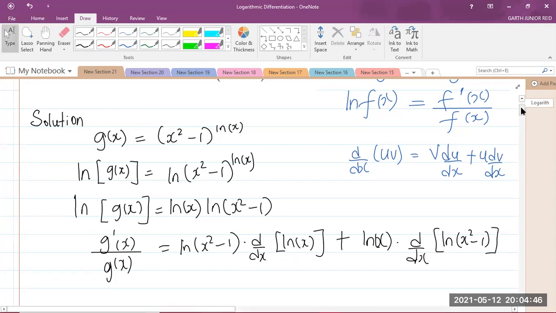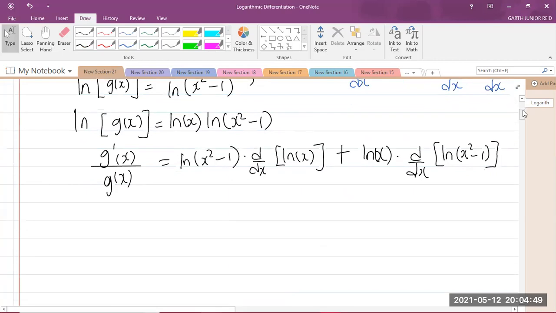We just need to ensure that we simplify. Remember, our aim is to get g prime of x. So we're going to simplify the right-hand side first, and we still have g prime of x divided by g of x on the left-hand side.